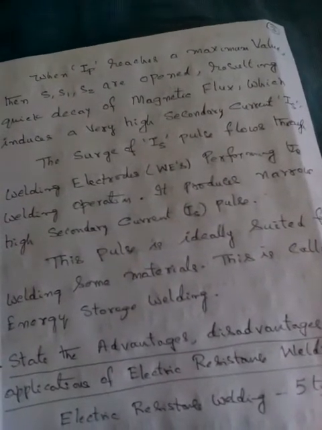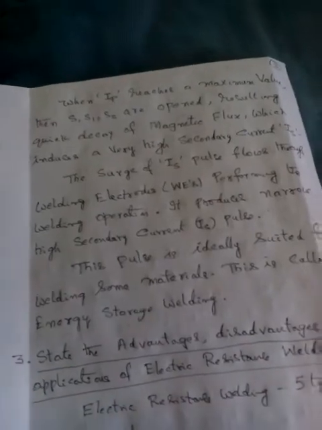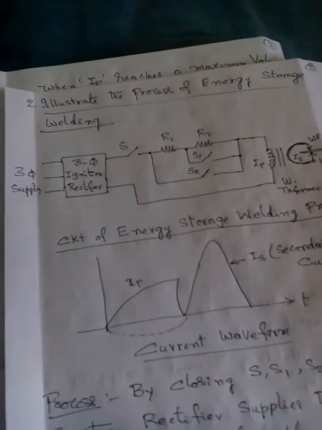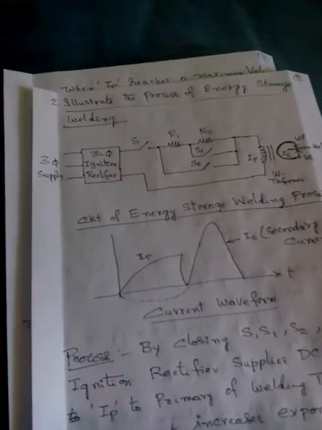This is called energy storage welding, because energy is stored in the primary of the welding transformer, and suddenly the supply is cut off and this energy is induced into the secondary as a pulse, which will be used for welding the metal pieces.